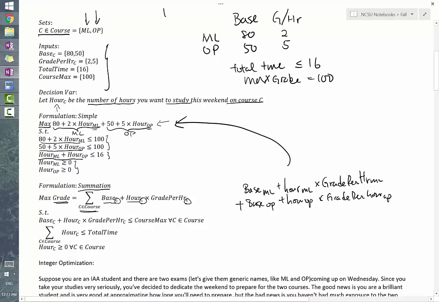So as you can see, the summation formulation is really just a compact way of writing the problem, which is really beneficial when we start having larger and larger problems.